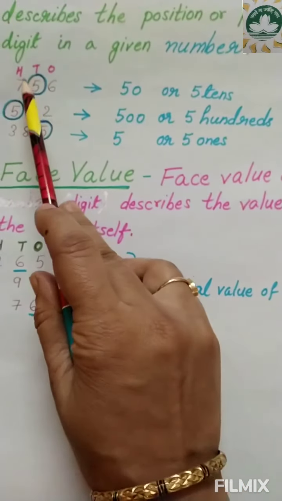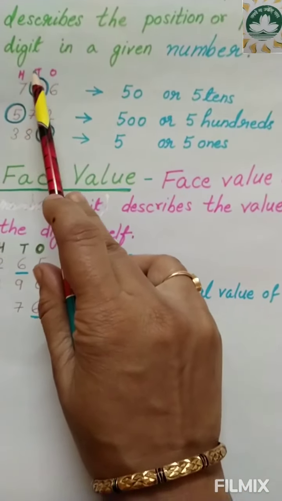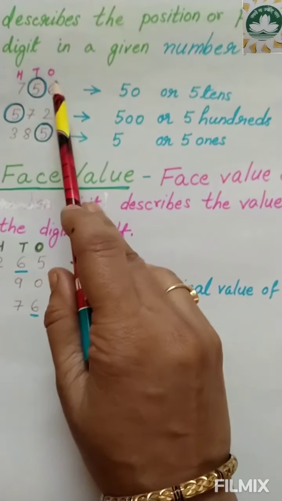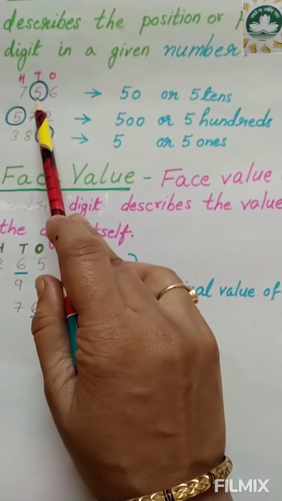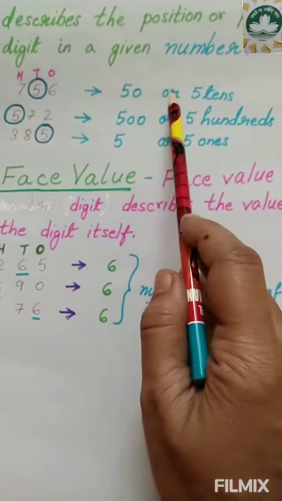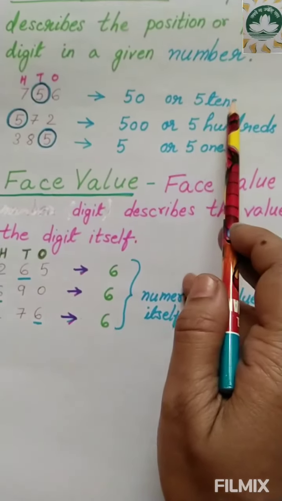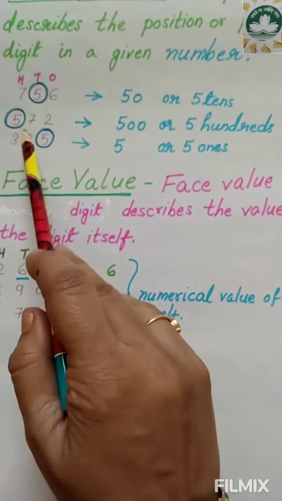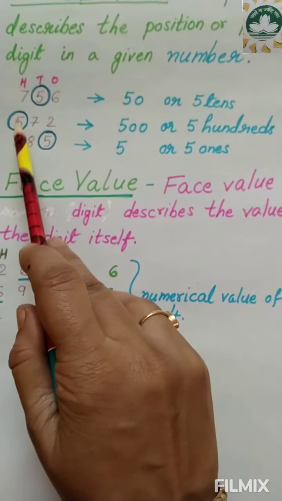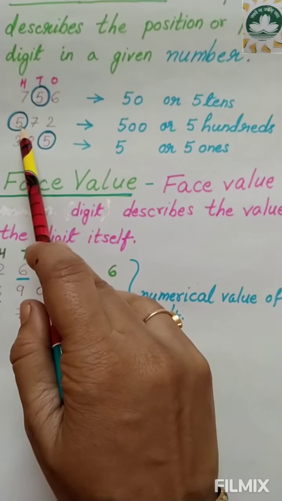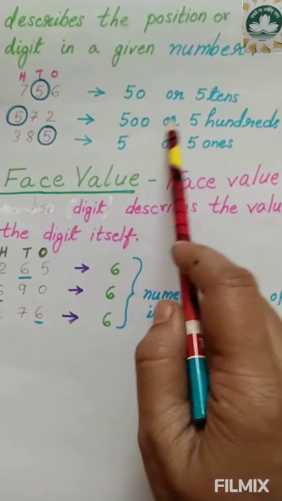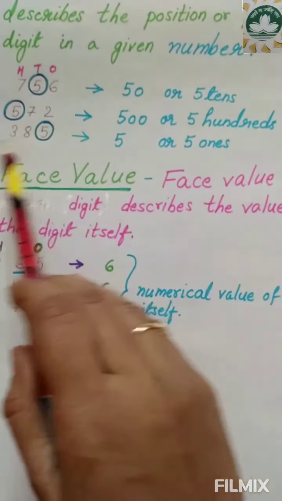Like here if you see, we have hundreds, tens and ones and the number is 756. So what is the place value of 5? The place value of 5 is 50, that is 5 tens. In the second number again we have the same digit 5, wherein the place value of 5 is 5 hundreds. So we write down 5 hundreds.